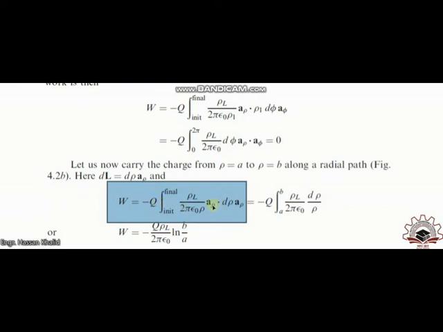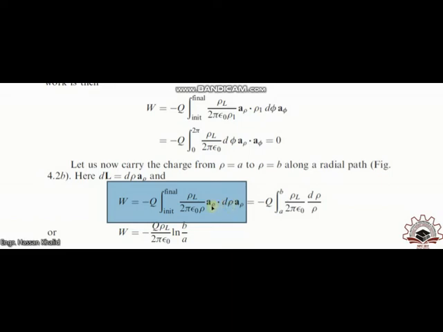Since it is now moving in the direction of the radii, that means a rho dot d rho instead of a phi, because in the previous case we considered that the charge is moving in the circular path, but now since it is moving in the direction of rho, we will define dl to be d rho in the direction of a rho.